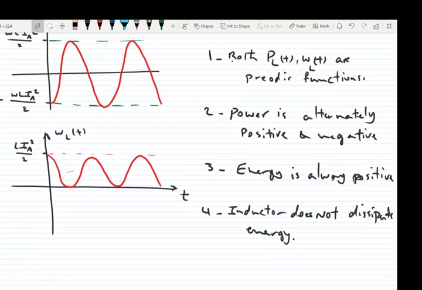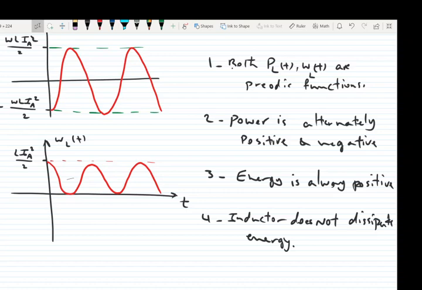Okay, if we look at the power graph, we see that the power alternates signs, so the inductor stores energy during the positive half cycle and returns the energy during the next negative half cycle.